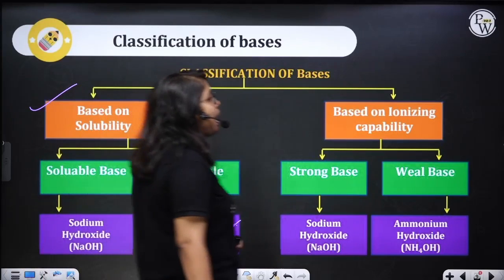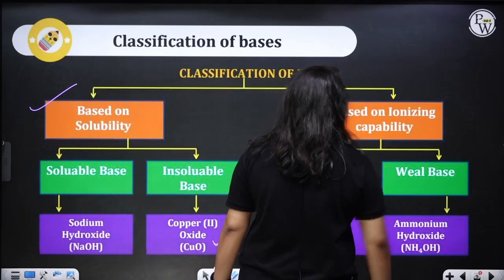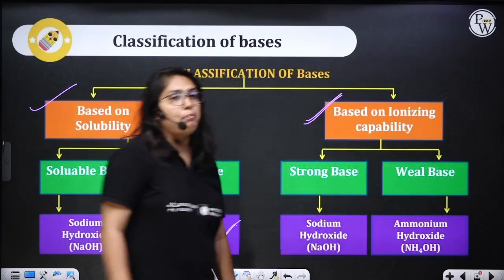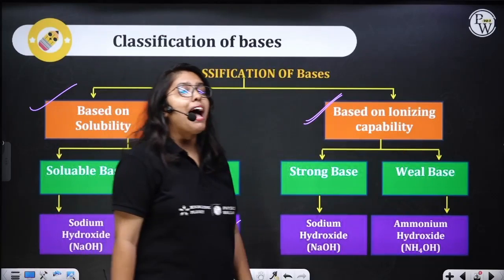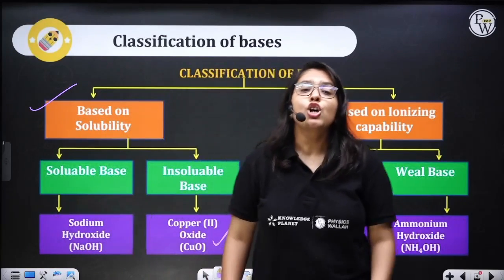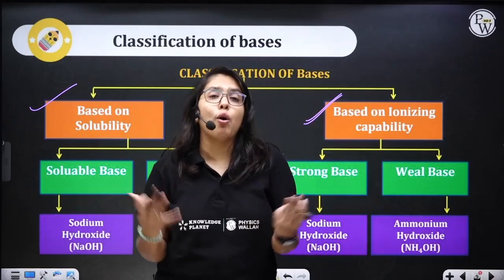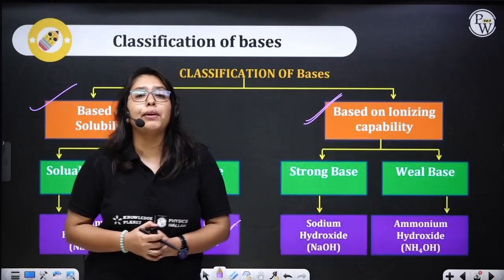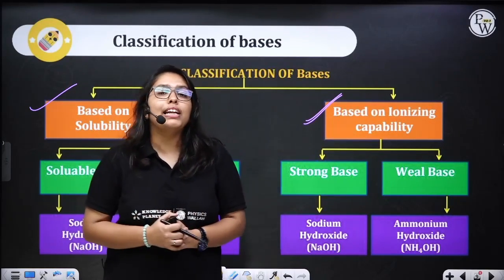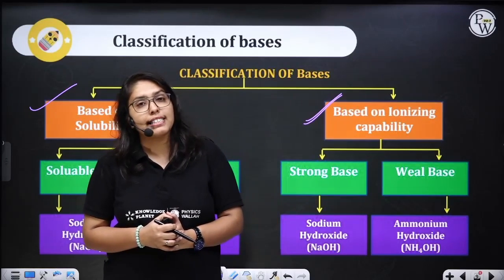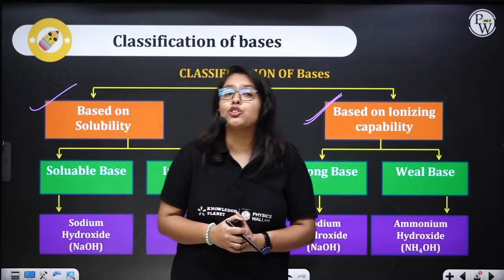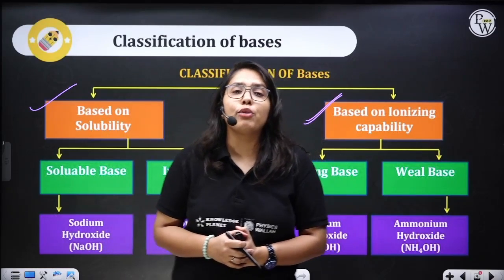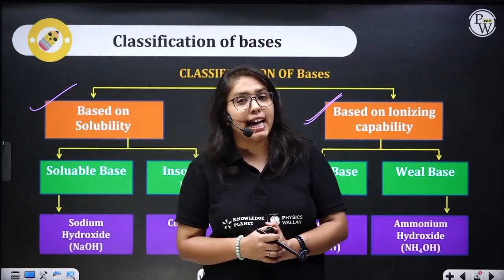Now talking about the ionizing capability or ionizing capacity, just like how acids are strong and weak based on their ionizing capacity. We know that those acids which very easily release H plus ions are called strong acids, whereas those acids which do not completely dissociate to give rise to H plus ions are known as weak acids.